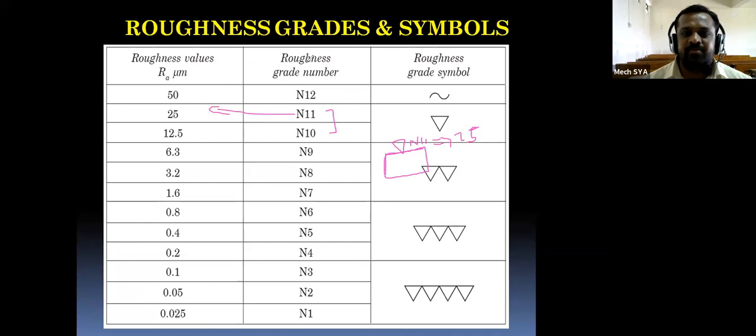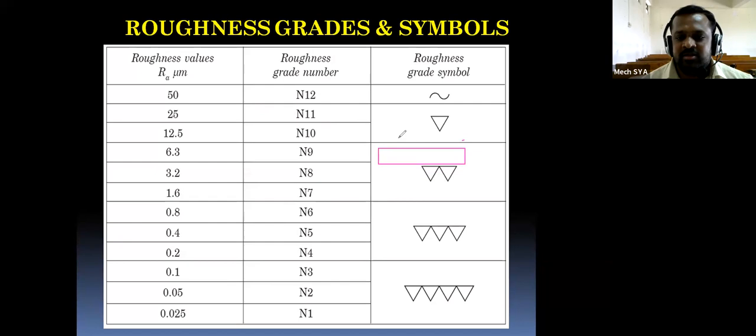Okay, if your drawing is like this, and on your drawing, suppose such a symbol will be there like this. And suppose here, N7.